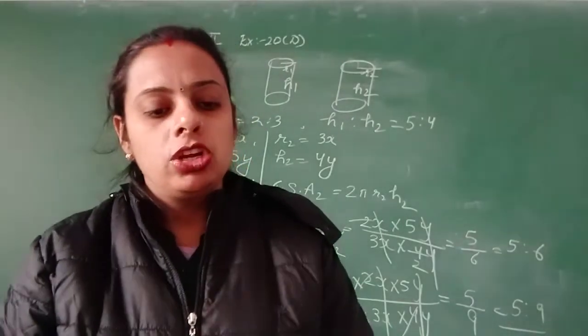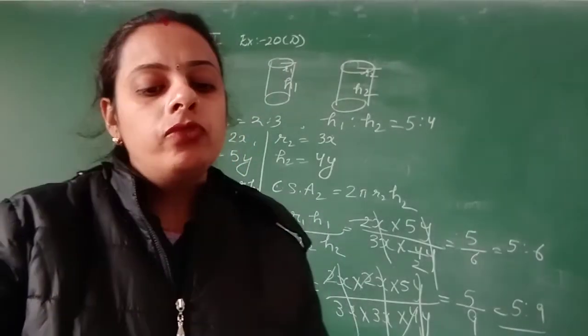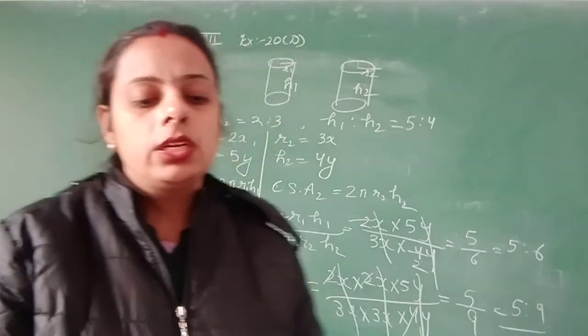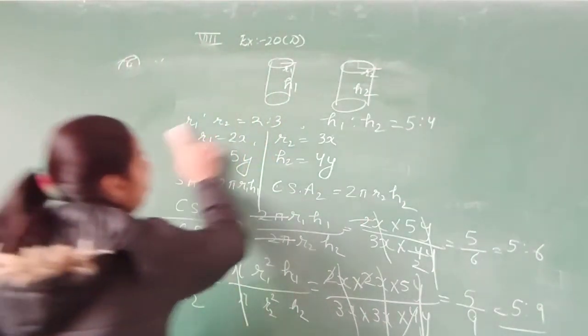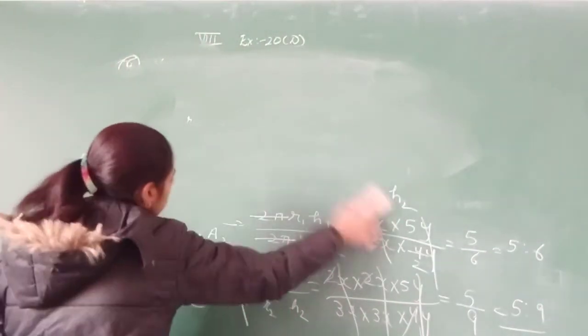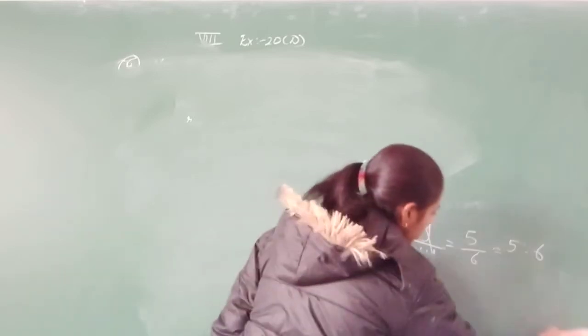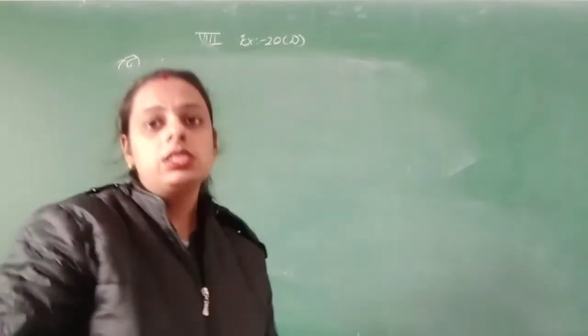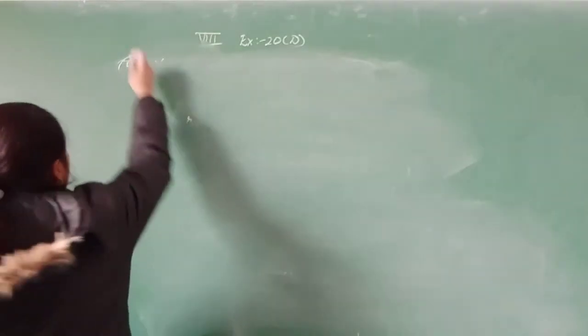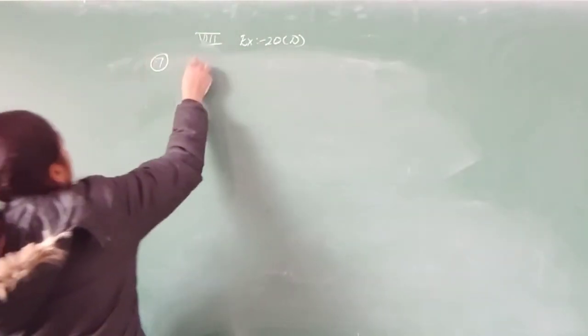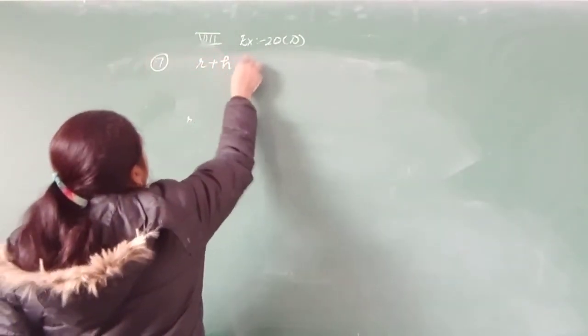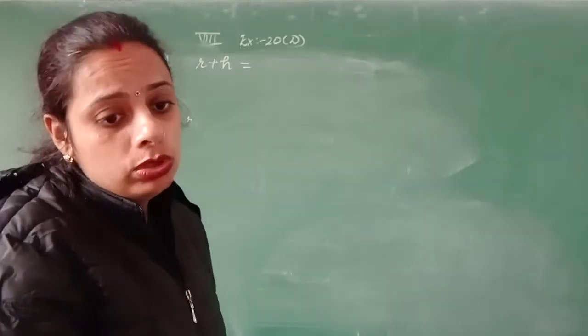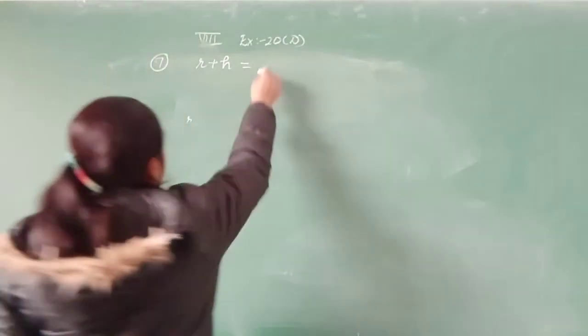Come to question number 7. The sum of the radius and the height of the cylinder is 37. It means r plus h is equal to 37.